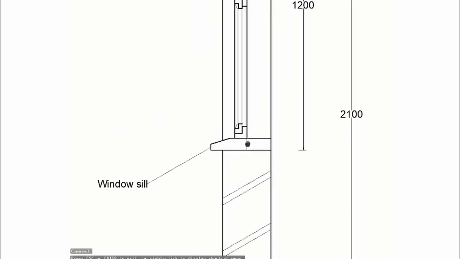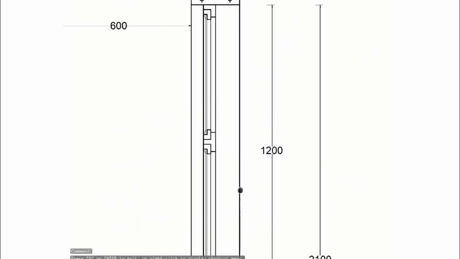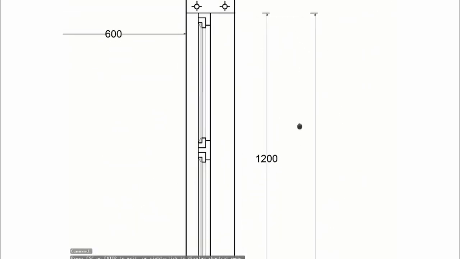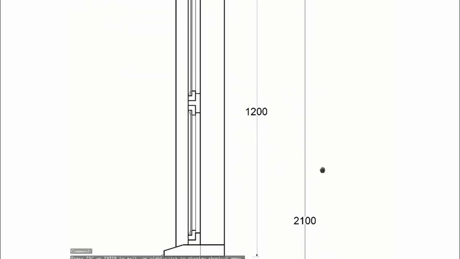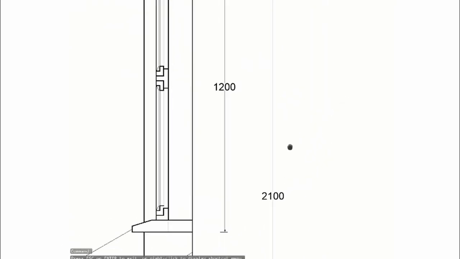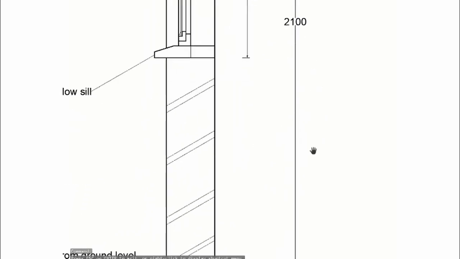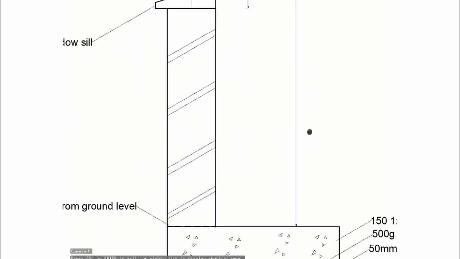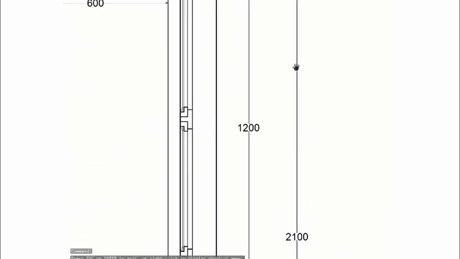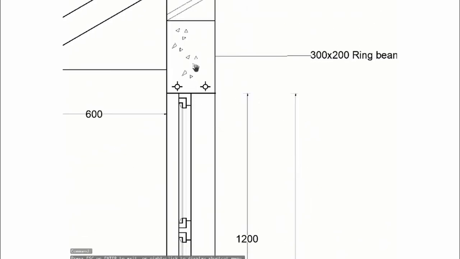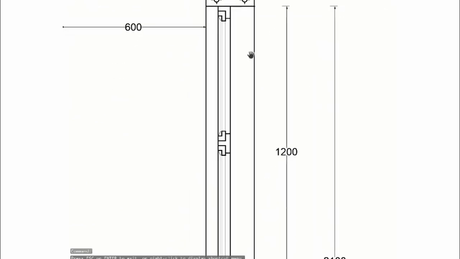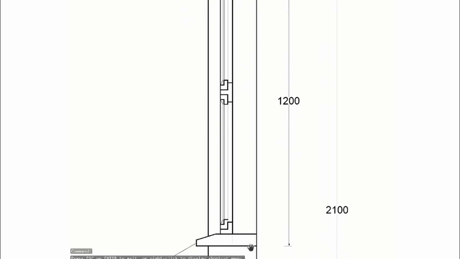But to get the window sill level, you first have to get the 2100 height. This 2100 height, you have to get it first, which is from the floor level up to the bottom of the lintel or ring beam. So once you get there, then you can measure 1200 from under the ring beam to that level of the window.